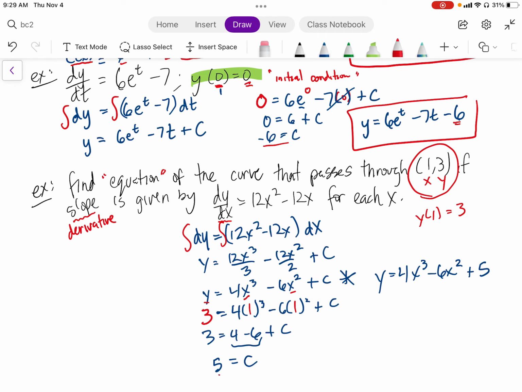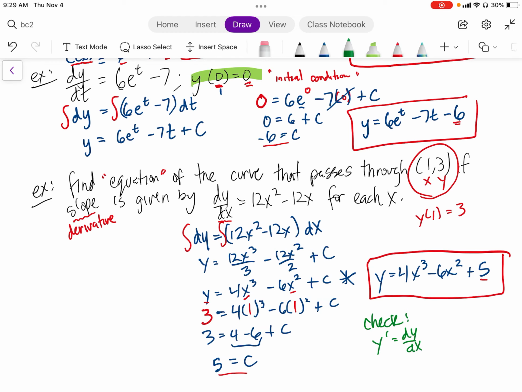Again, because 5 is c, now I know the entire equation of the curve. And again, you could always check, right? Do your derivative and make sure it comes out. We didn't do that for the others, so let's go ahead and do it really quick. Y prime, or dy/dx, right? Same notation.